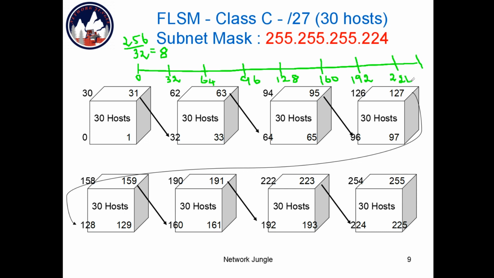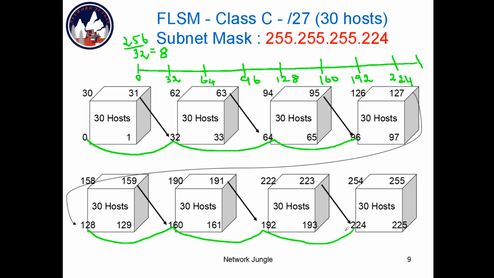So these are the network addresses: 0, 32, 64, 96, 128, 160, 192, then 224.